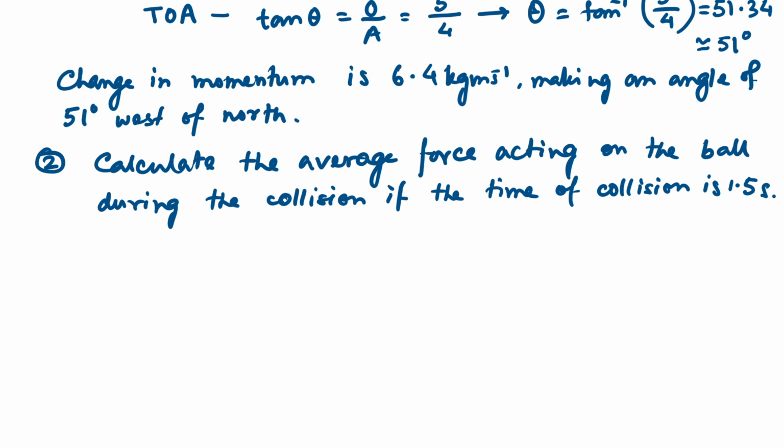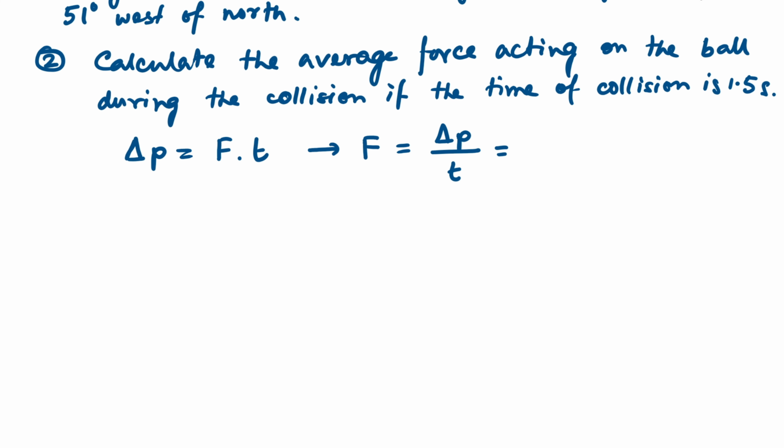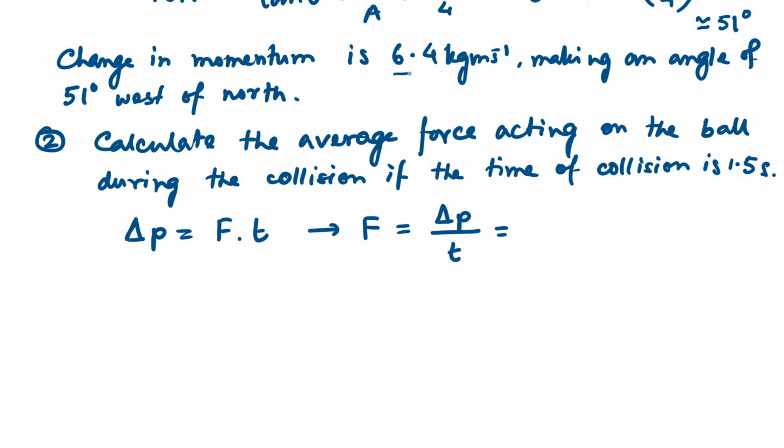So to calculate this, we are going to use the impulse relationship, where we know that change in momentum is equal to force multiplied by time. This is the average force, and we can rearrange it to work out the average force, which will be change in momentum divided by time. And the change in momentum, we have calculated it before. It's over here, 6.4.